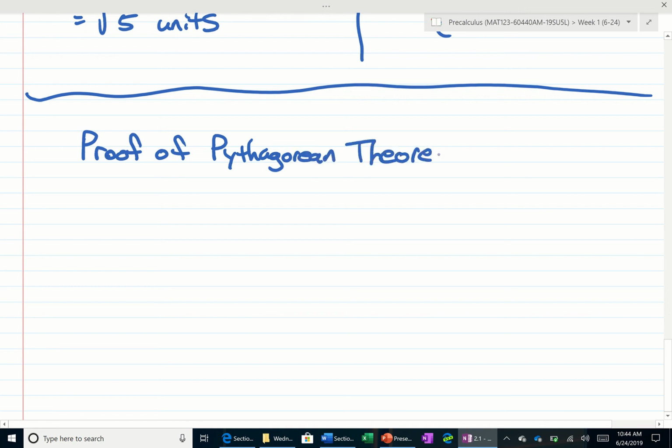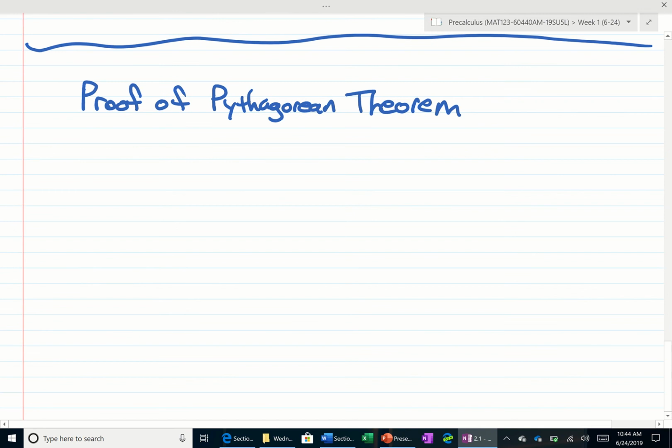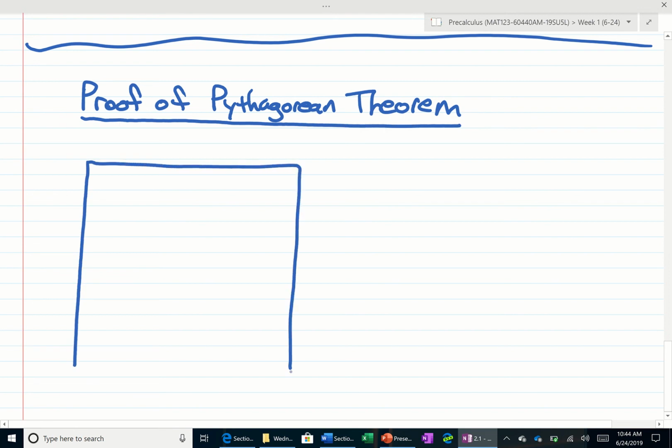Now, this is totally optional, but I find it pretty interesting, and I just wanted to share it with you. So when we have the Pythagorean Theorem, let's take a look at a rectangle. Let's take a look at a perfect square.